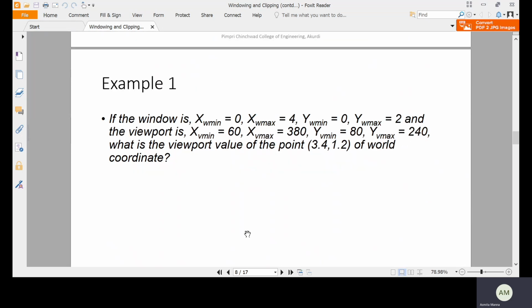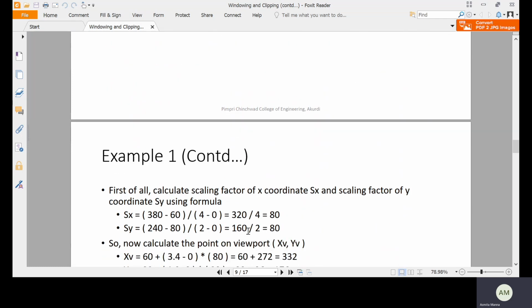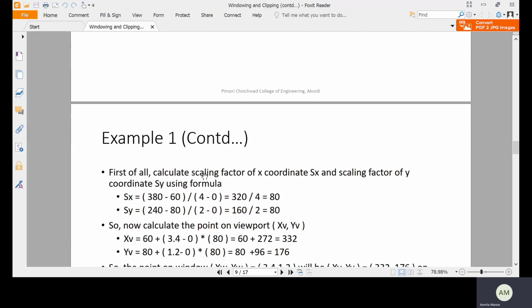So this is my point in the world coordinate system or in the window. Okay. So first of all, we have to calculate the scaling factor of x coordinate Sx and scaling factor of y coordinate Sy using the formula.